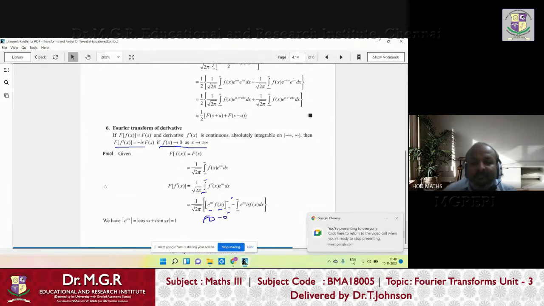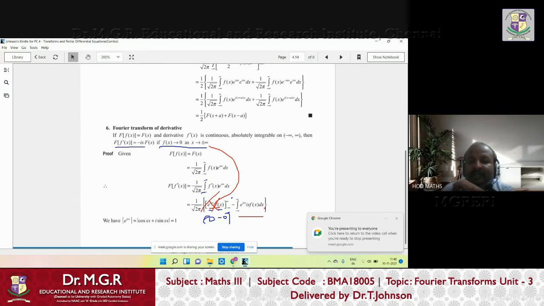That is for this part, it goes to 0 when x is plus infinity or minus infinity, because the property says f of x goes to 0 when x is plus or minus infinity. So hereafter we don't bother about this part. We only bother about this part. Here is is there, e power isx is there, f of x is there, dx is there.